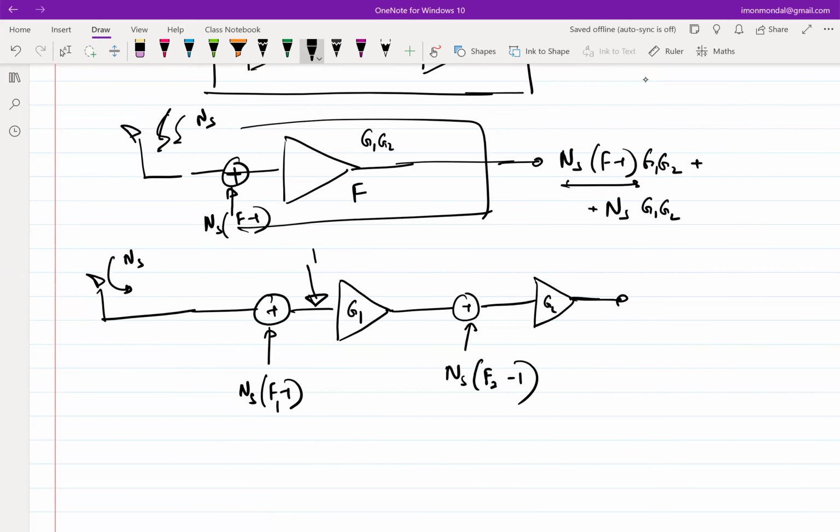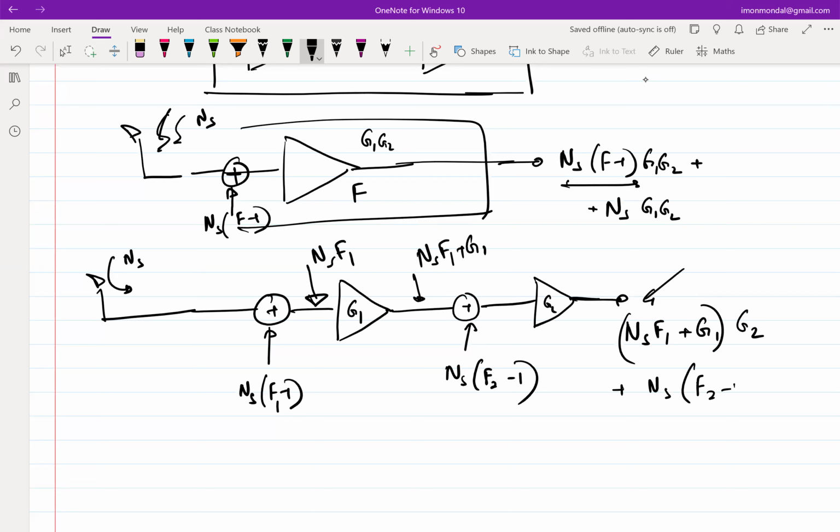This is NS plus NSF1 minus NS, so essentially NSF1. So the noise that I get here is NSF1 times G1, right? So the noise that I get here is NSF1 G1 times G2 plus NSF2 minus 1 times G2, right? So the part that got added up earlier, I made a mistake there.